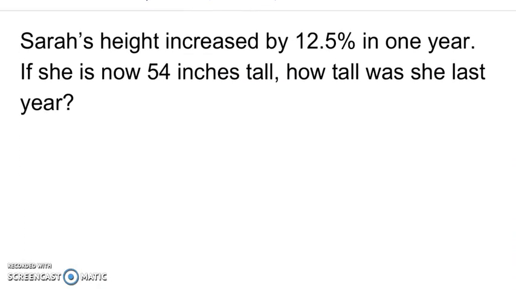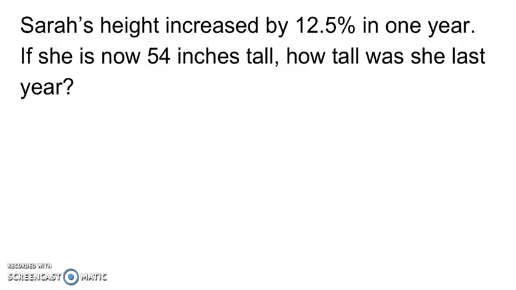Let's take a look at another one. Sarah's height increased by 12.5% in 1 year. If she is now 54 inches tall, how tall was she last year? In this case, we now have a percentage, 12.5. We have how much she is now, or our new height, and we're trying to figure out her original.